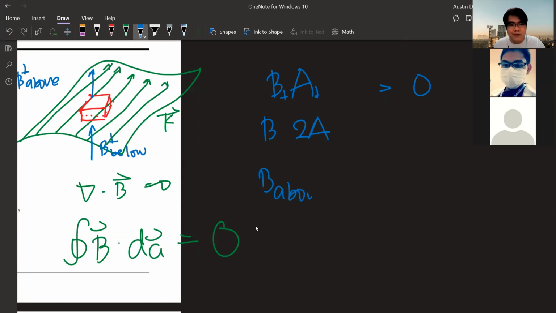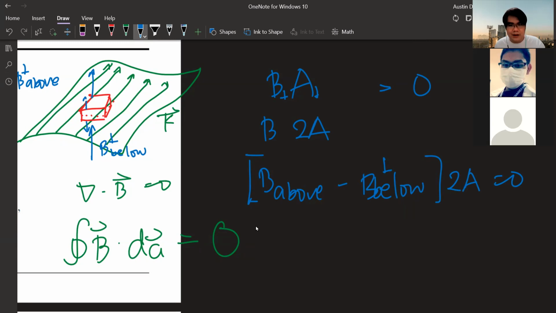So, B above minus B below. Kakalito. Okay, bakit minus yung B below? Kasi yung area vector mo, pababa dun sa part na yun. Okay? So, 2A pa rin. And it just equal to 0.